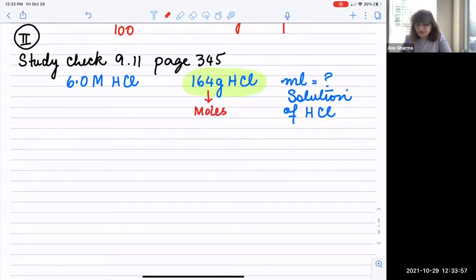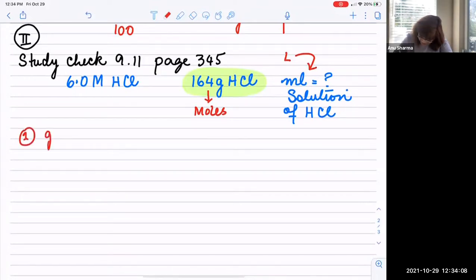That's one thing. And next, we are going to get the answer in liters, so liters need to be converted to milliliters. So always convert grams to moles using the molar mass.